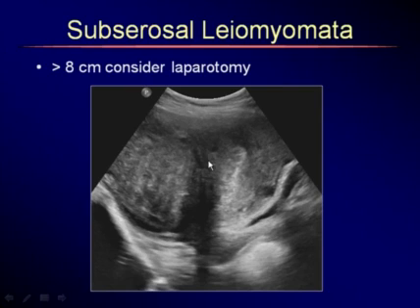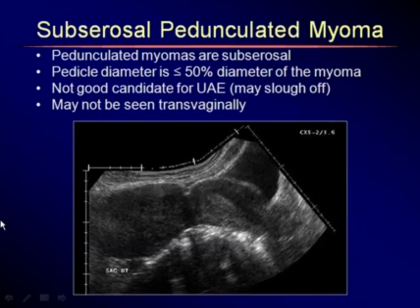When a subserosal myoma becomes very large, usually over 8 centimeters in size, then it's usually removed by laparotomy. Subserosal myomas can be pedunculated. Now this is if they are on a stalk. So what is a pedicle? What exactly do we have to have?